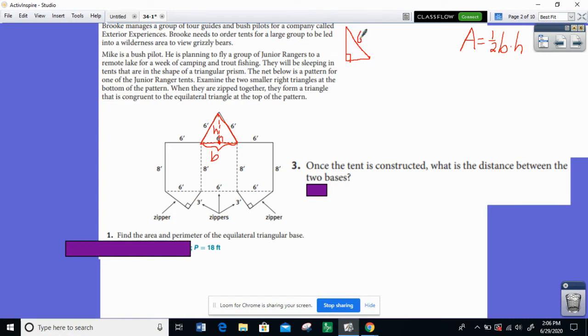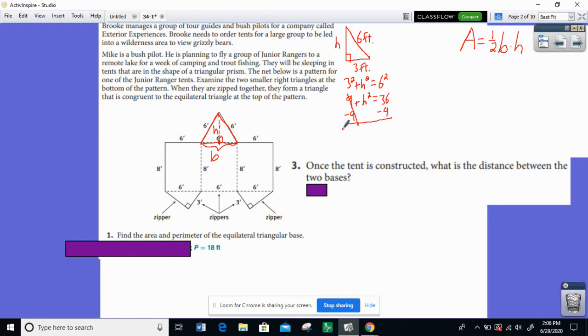So we know that the hypotenuse is 6 feet. That height is bisecting the base, so this length is going to be 3 feet, and we're trying to solve for the height. Well, since this is a right triangle, we can do the Pythagorean theorem, so that's going to be 3 squared plus h squared equals 6 squared. 3 squared is 9, so we have 9 plus h squared is 36. We can take away 9 on both sides.